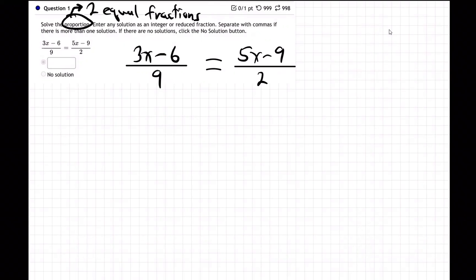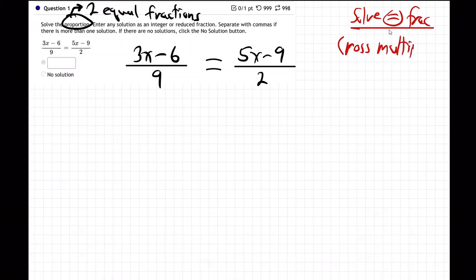Okay, so how do we solve it? Well, to solve equal fractions, what we're going to do is cross multiply, meaning I'm going to take this group right here and multiply with that.